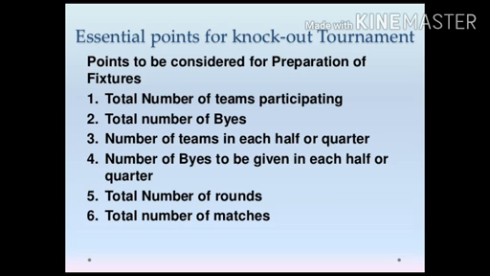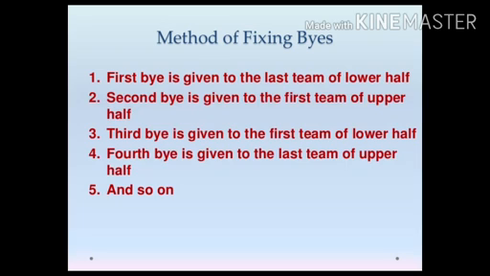These teams, that is 8 teams, should be divided into 2 halves. It is possible only if the total number of teams is a power of 2, such as 2, 4, 8, 16, 32, 64, etc. Or you can say an even number.